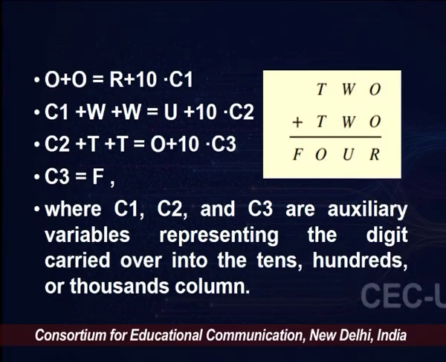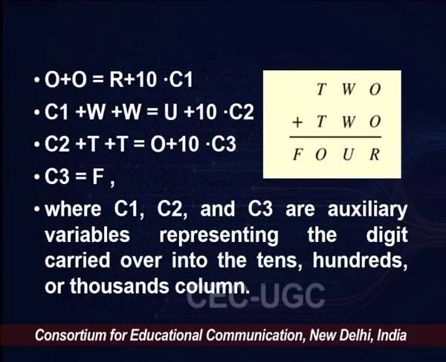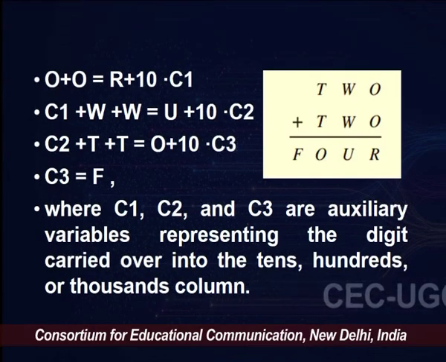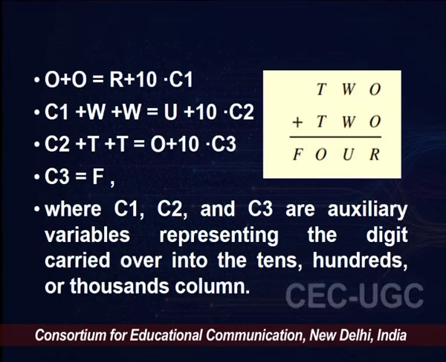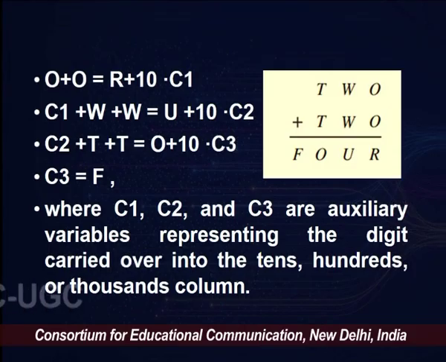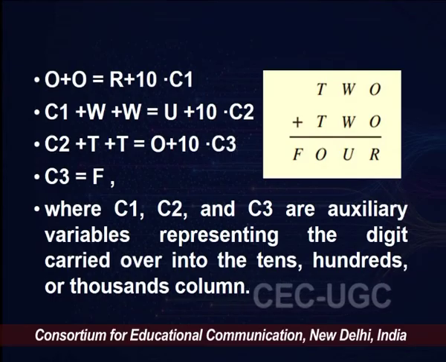Please see, from the first column to the second column we have a carry C1, from the second column to the third column we have a carry C2, and C3 will be carried over to the fourth column. In the fourth column we do not have anything from the inputs, there is just a simple carry. So, C3 equals F.